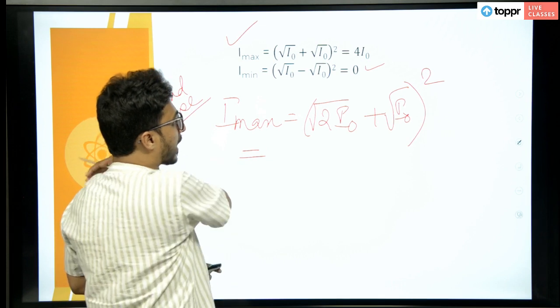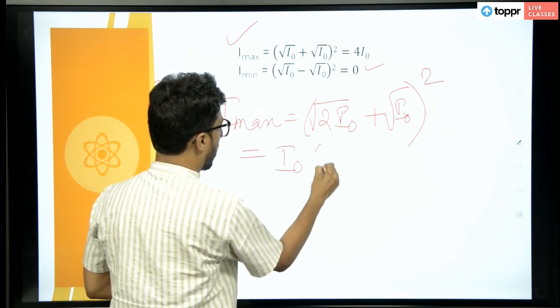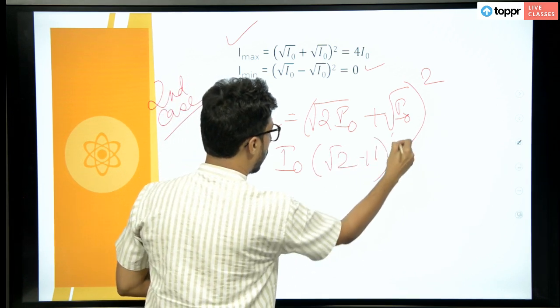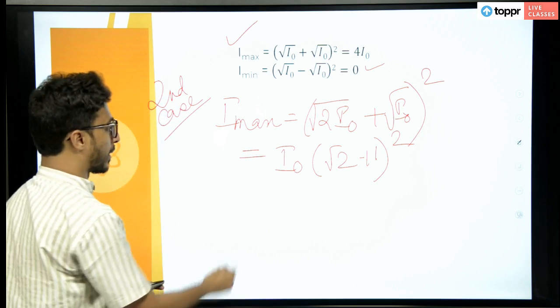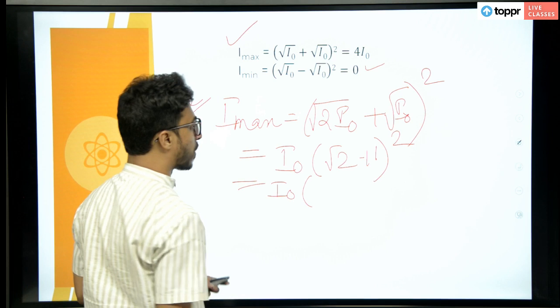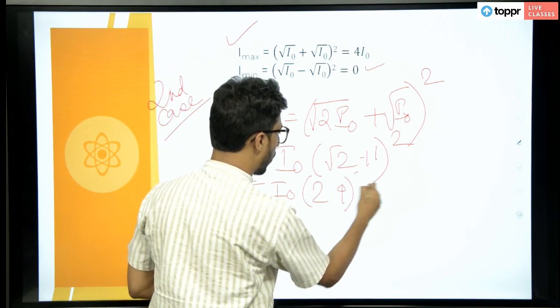From here we can take I0 outside, it will be root 2 plus 1 whole square. Root 2 is 1.4 plus 1, it is 2.4 whole square.